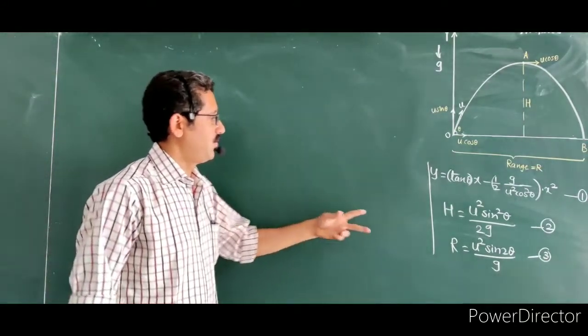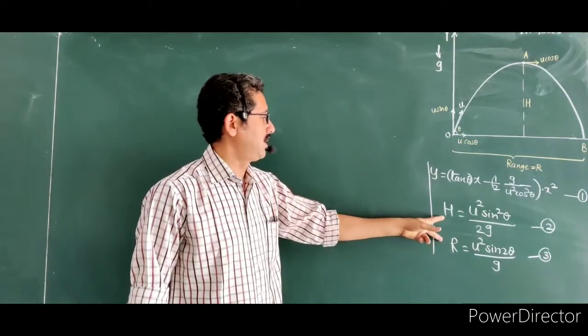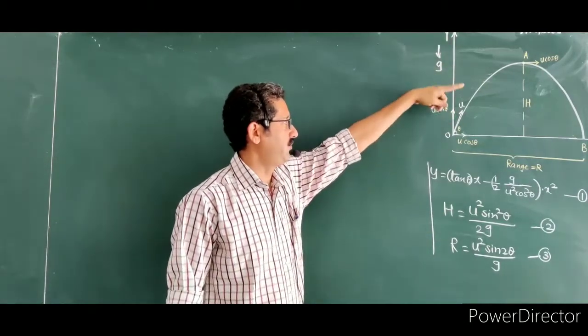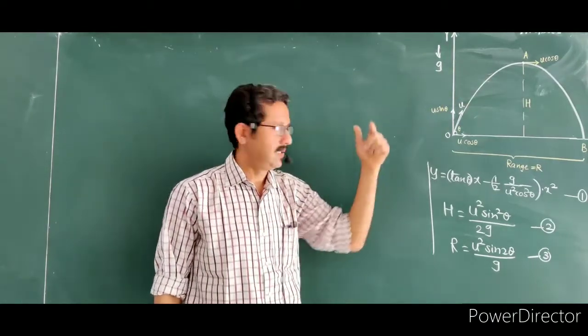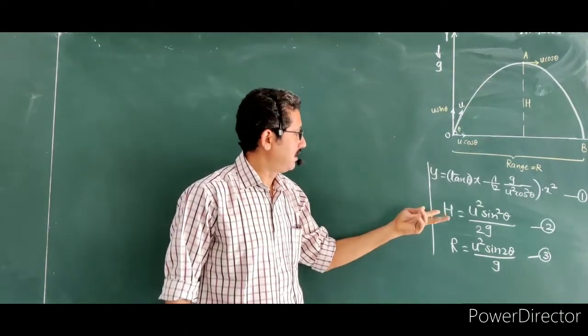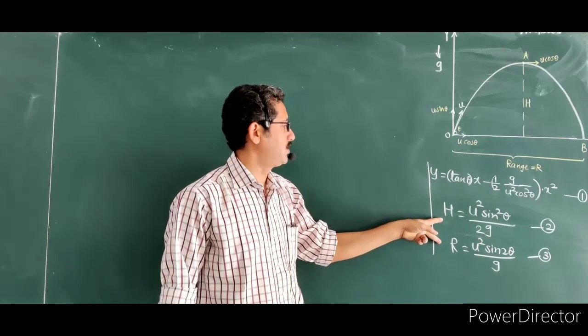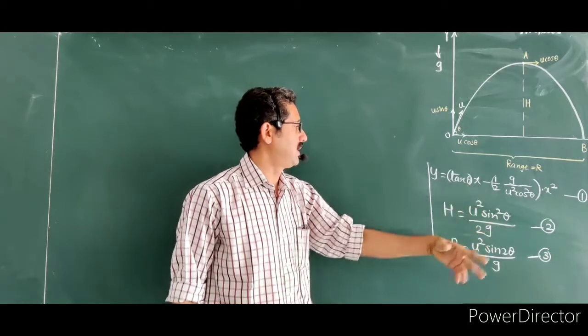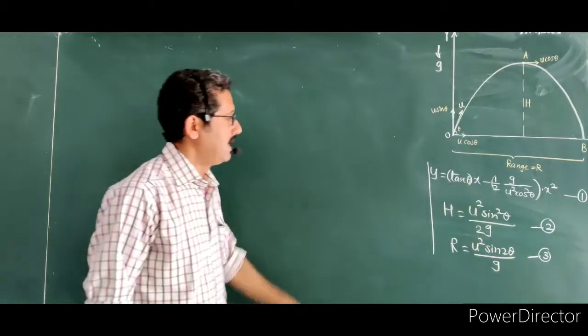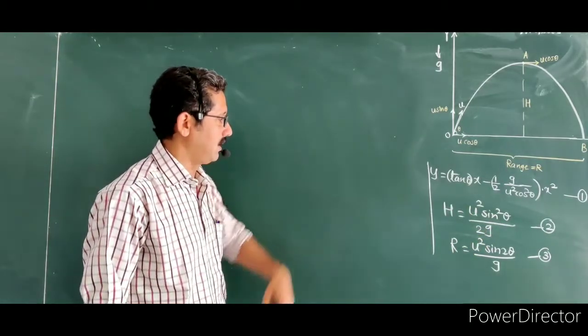Now we will try to find the relation between the maximum height of the projectile and the range of the projectile, h and r. To find the relation between these two things, I have numbered these equations as equations 2 and 3. I will take the ratio of equation 2 and 3.